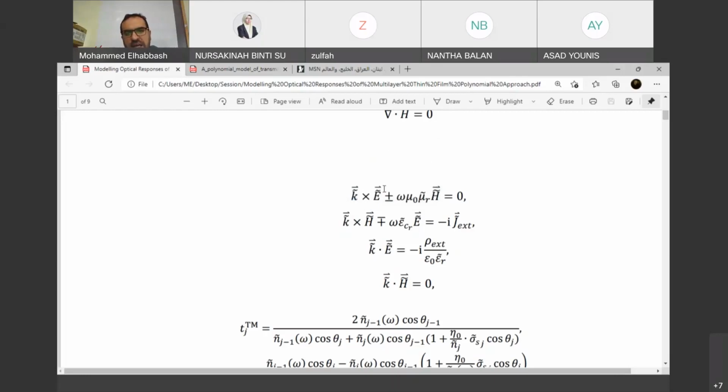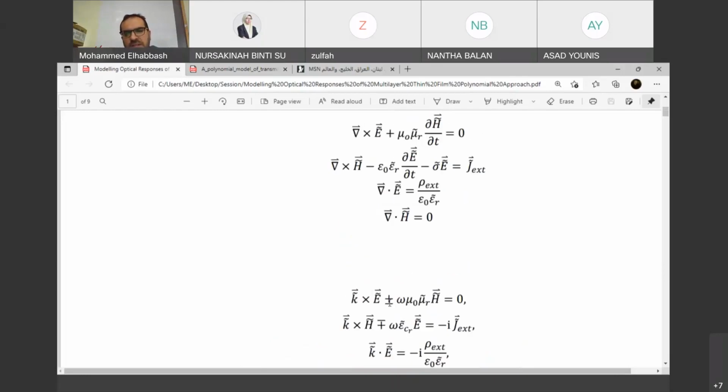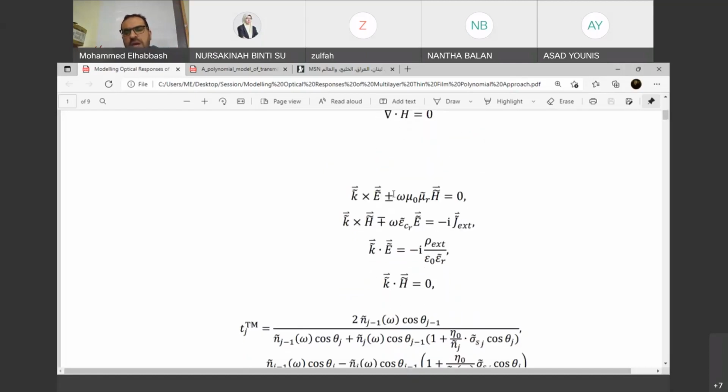Okay, and now we have this equation converted to this equation. We have here a positive and negative sign. This positive and negative sign depends on how electromagnetics is used by physicists and engineers. Engineers prefer the positive sign here, but physicists in general, in books and papers, prefer the minus sign.